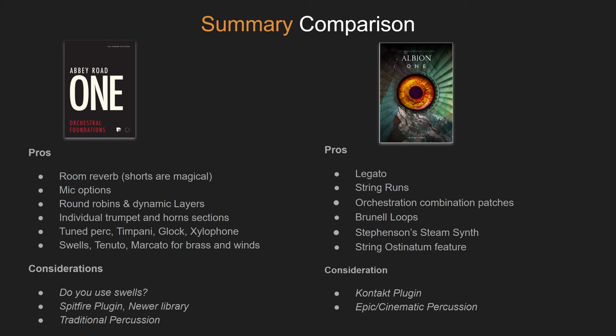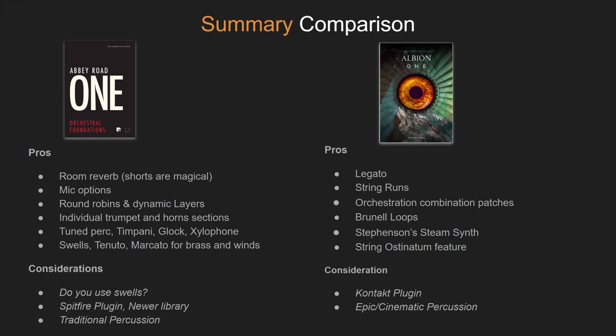But yeah, I saw that as a pro on the Abbey Road One side of things. Tuned percussions, I really like the fact that you have your traditional timpani and you have glocks and xylophones on there as well for percussion. Swells, tenuto, marcato for brass and winds. That was really nice in that you can adjust your length of notes and have those extra articulations available to you.